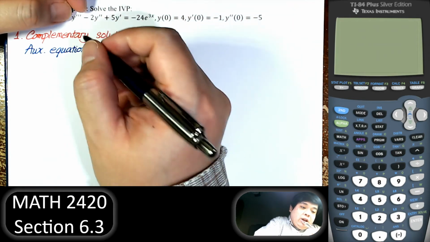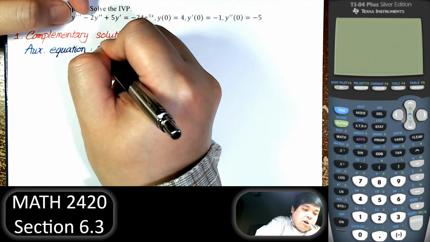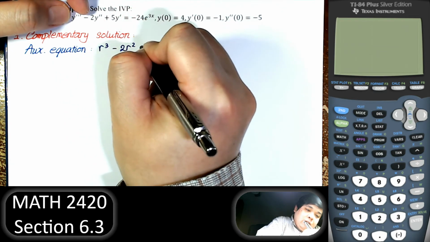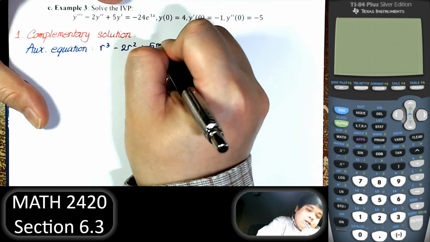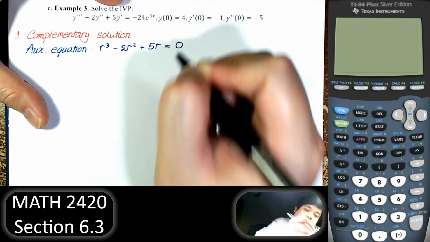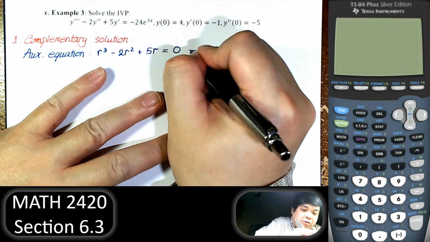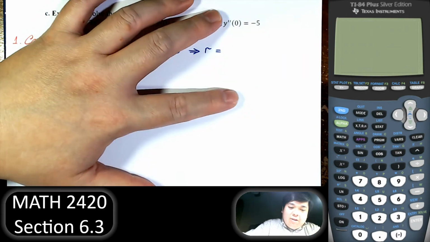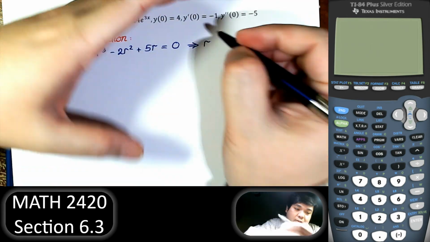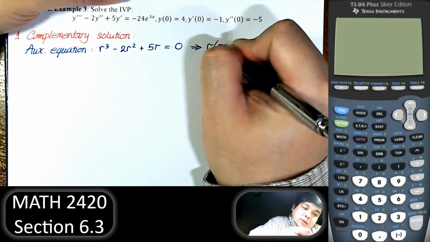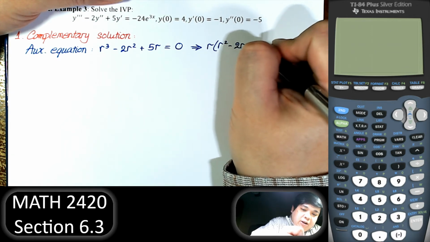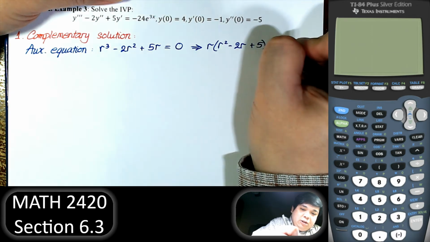Auxiliary equation, the third derivative: r cubed minus 2r squared plus 5r equal to 0. Right. Here we can factor out r, then r squared minus 2r plus 5 equal to 0.